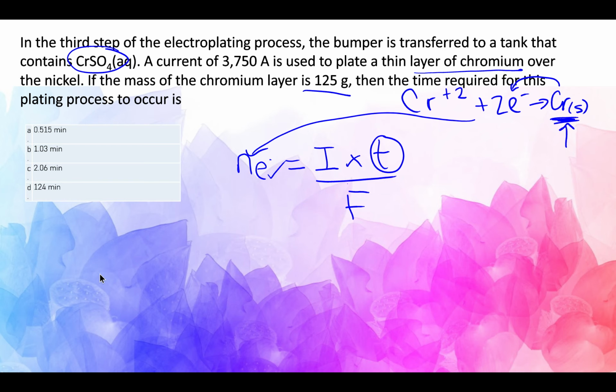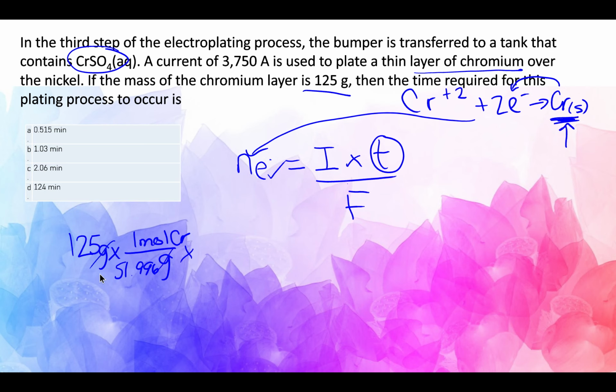To do that, you're going to start with the mass of chromium that was plated. We're going to multiply this by the molar mass of chromium, and that is 51.996. I didn't have my data booklet with me, so I just Googled it and I get a longer value. Then I'm going to multiply this because now grams cancel.